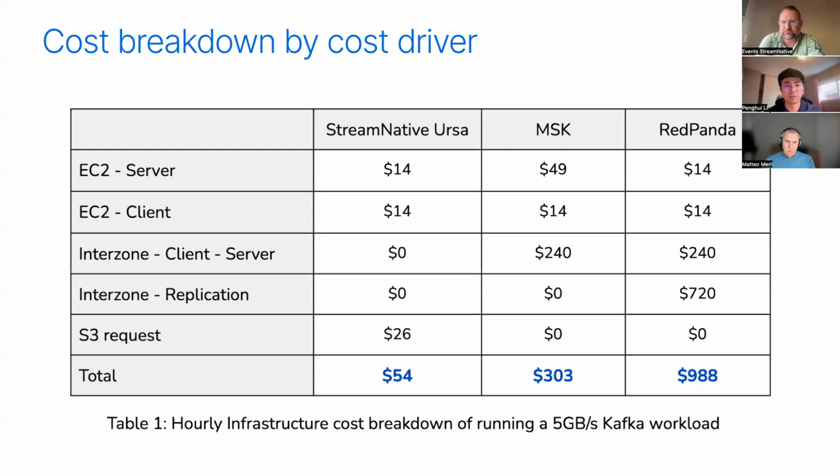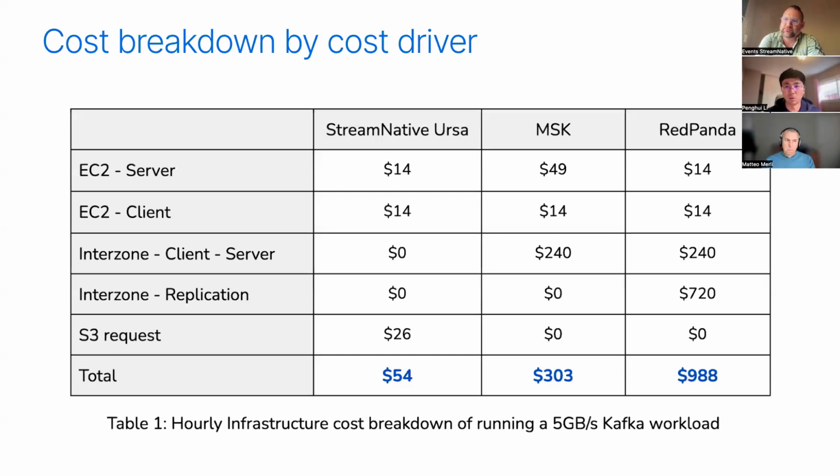So this is only for the producer to broker. And for Redpanda, yes, it's from client to server. It's almost the same, but Redpanda still has the internal cost from broker to broker replication. Yeah, that is the major difference with Ursa.